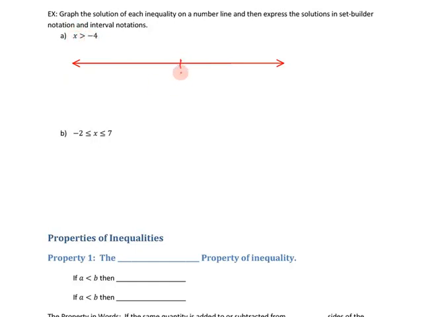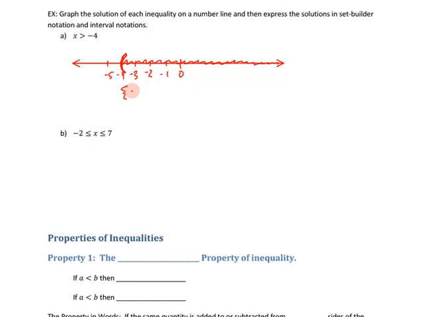So here's 0, 1, 2, 3, 4. Go an extra one for good measure. Label them. So all numbers greater than negative 4 would mean starting at negative 4. So put a parenthesis here and shade to the right, and there's no endpoint on the right, so just keep going. So there's the graph.